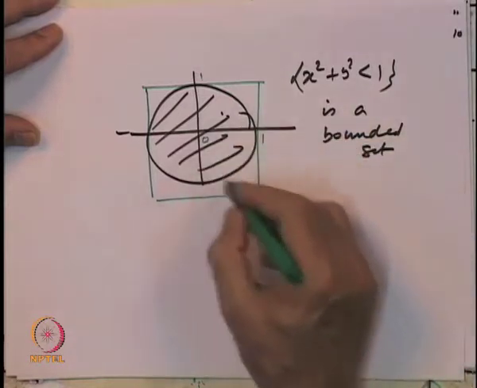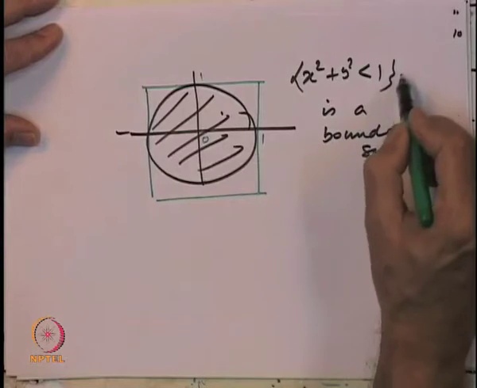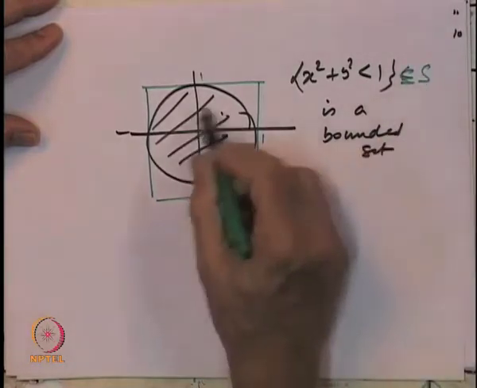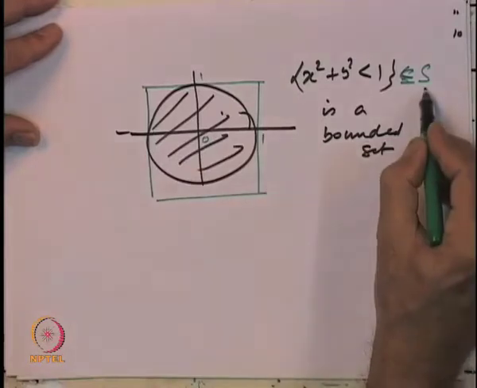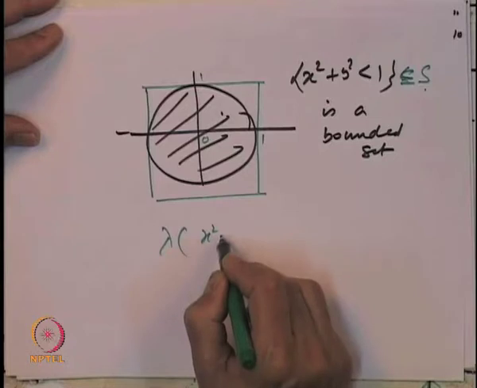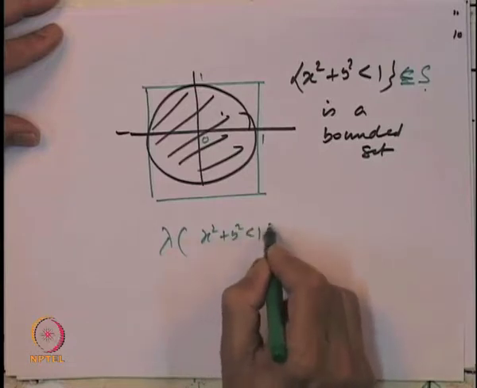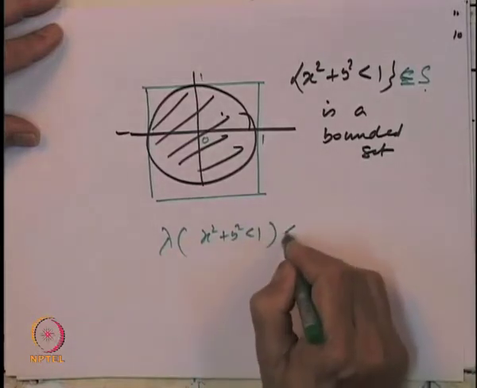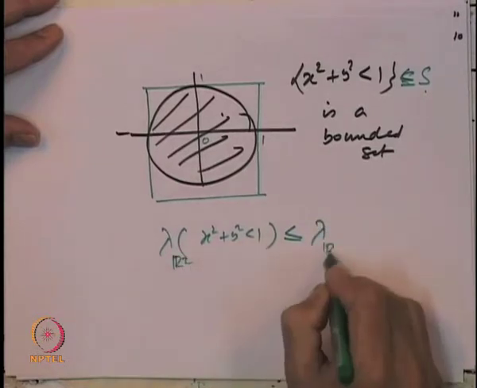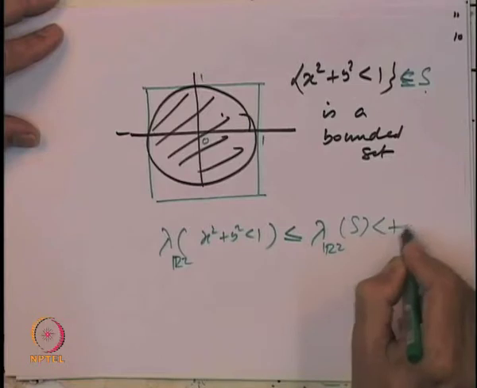So, that means that the area is less than or equal to that, it is a subset of the square, okay. And the square is a bounded thing. So, that means the Lebesgue measure of the points such that x square plus y square is less than 1 will be less than or equal to the Lebesgue measure in the plane of the square, which is a finite quantity.